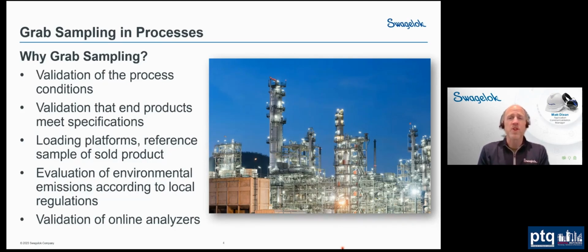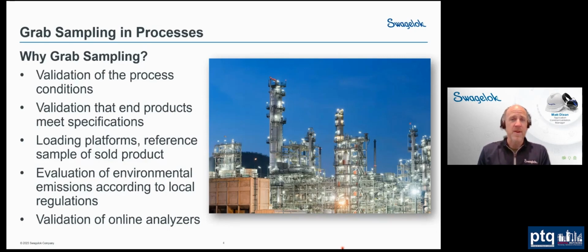Anytime there's a change of custody, for example when goods are coming into a facility or leaving a facility, chances are there's going to be some sort of sampling operation to sample that incoming feedstock or that outgoing product. You may not even analyze that. You might just put it on the shelf as a reference and never actually analyze it. But anytime there's that change of custody, you're probably going to have some sort of sampling operation.